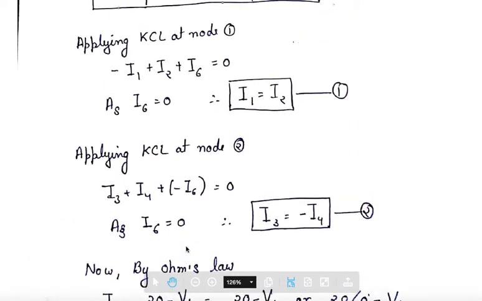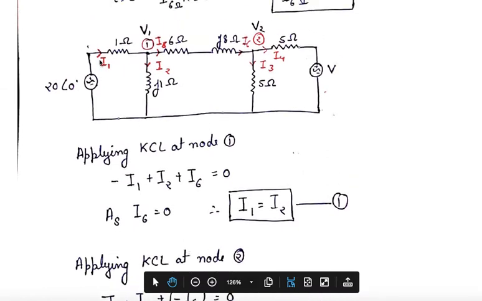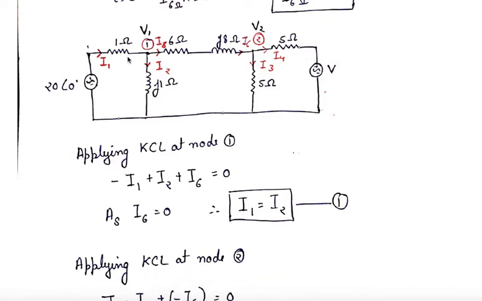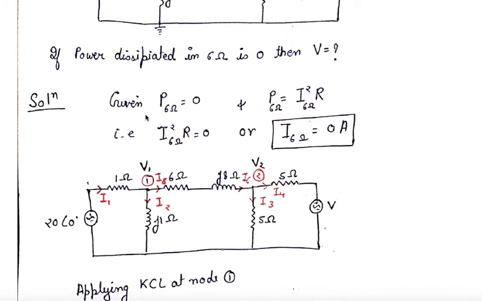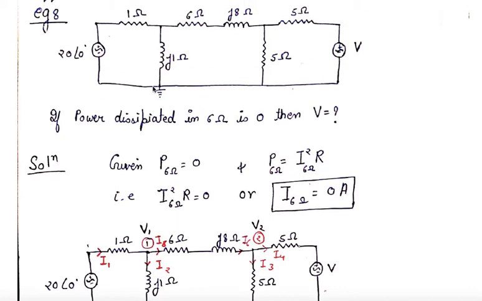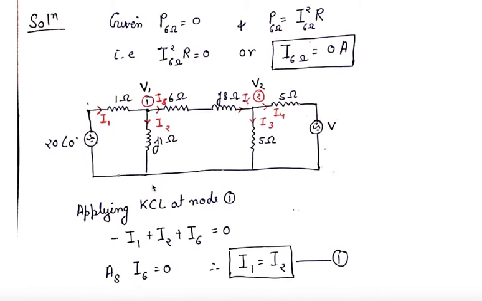So I1 will be 20 minus V1 divided by 1, that will be the magnitude of I1. I2 will be V1 minus, now this point is ground. Here it is given that this point will be ground. Anyway, you can consider it as ground, even if it is not given in the question.